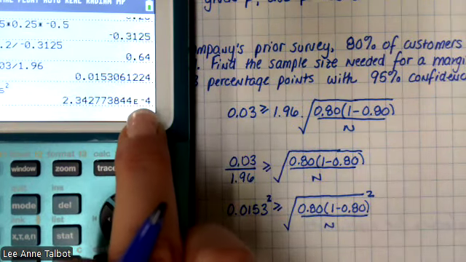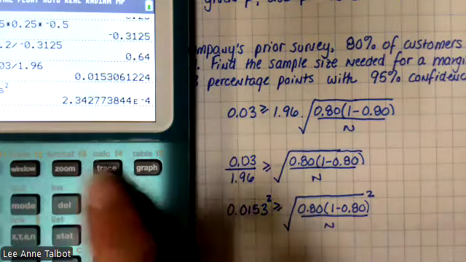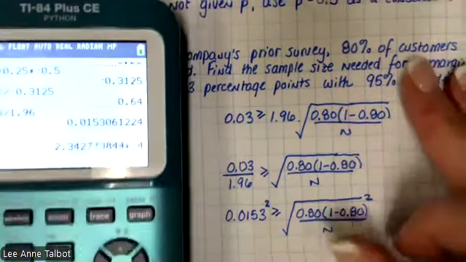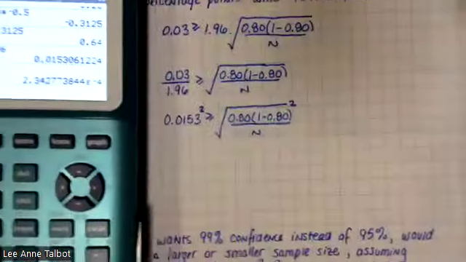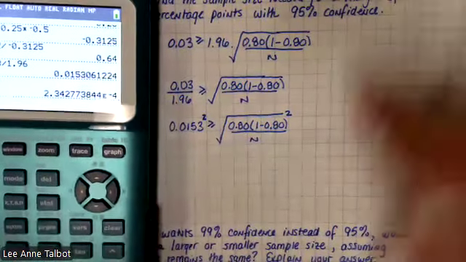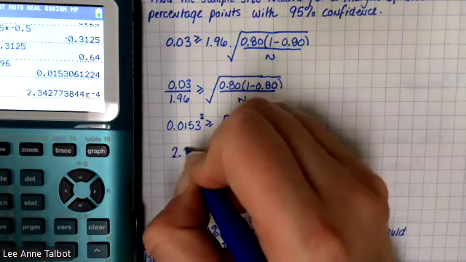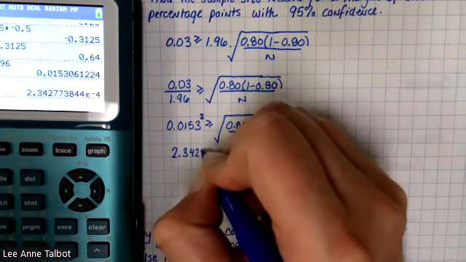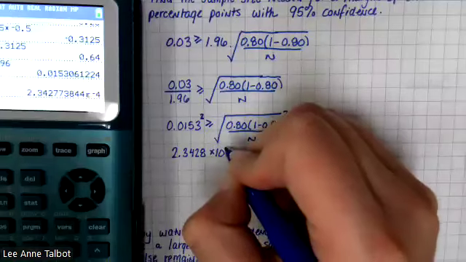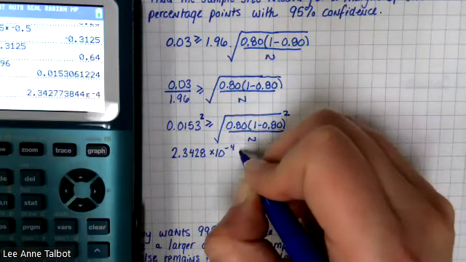This is scientific notation, so you have to keep your eyes open for that. It's just because 0.01 squared is a teeny tiny number. So I'm just going to write this as 2.3428 times 10 to the negative 4.